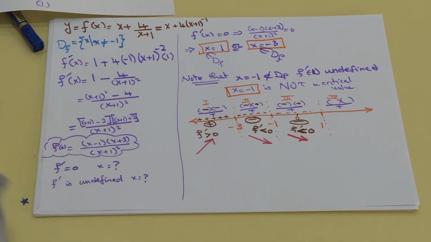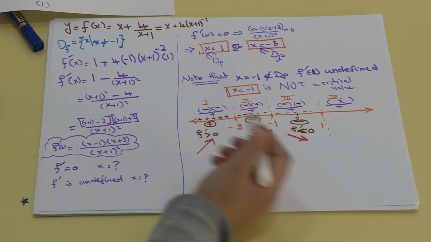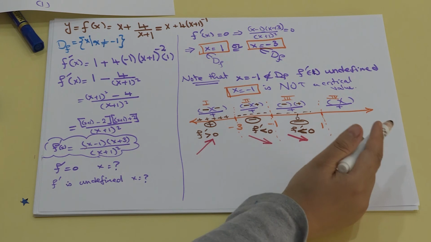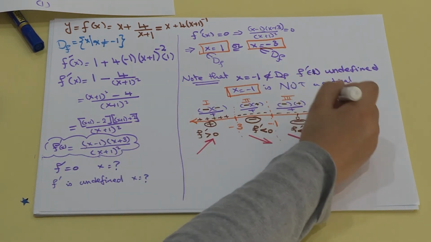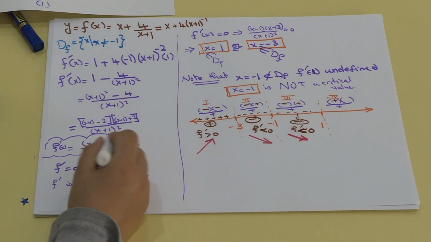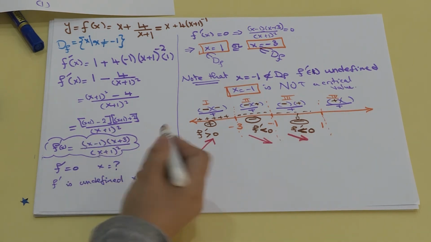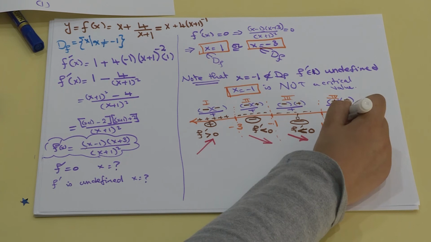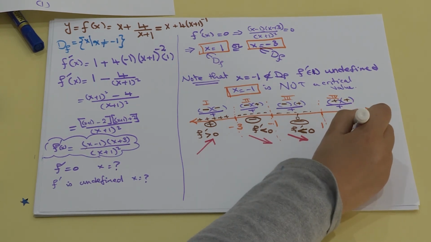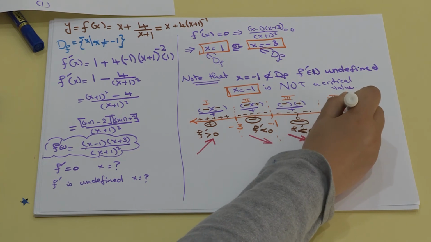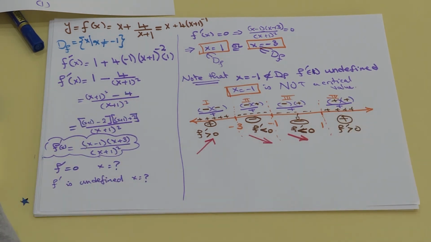Now, to the right of 1, anything greater than 1, what value should we choose? 2, 3, 300, again. 2 minus 1, 3 minus 1, 300 minus 1 will always be positive. 2 plus 3, 3 plus 3, 300 plus 3 is always positive. So the first derivative is positive on this interval. So we can say that the function is increasing.